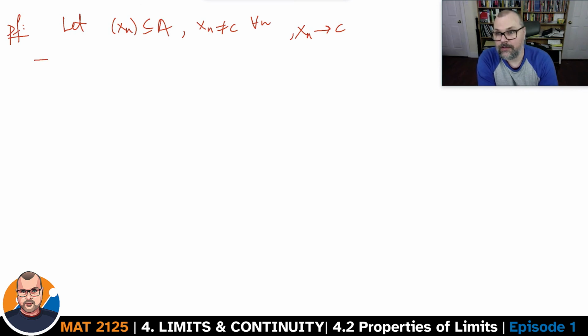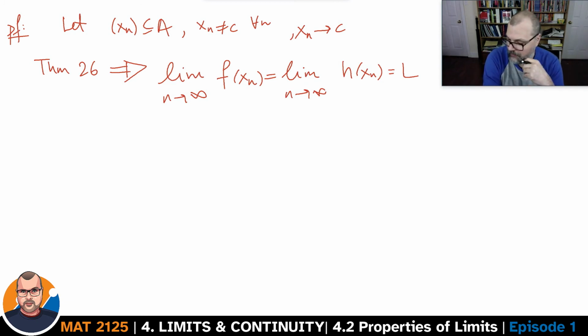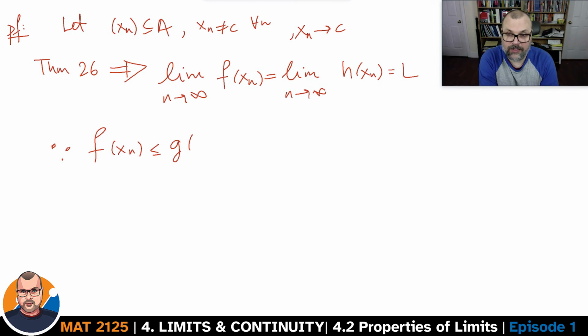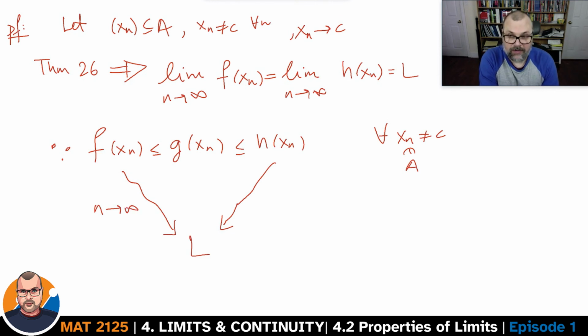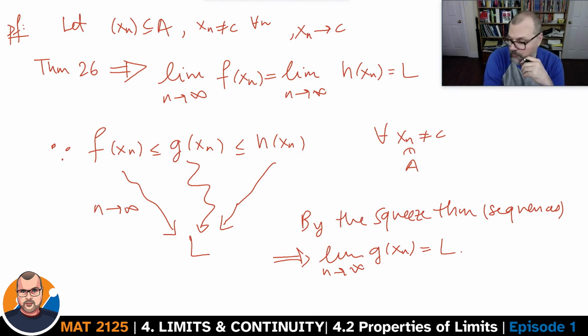According to Theorem 26, the limit of f at xn when n goes to infinity will be the same as the limit of h at xn when n goes to infinity, equal to L. Since f at xn is smaller than g at xn, smaller than h at xn for every xn not equal to c in A, and we know that when n goes to infinity f at xn and h at xn both go to L, then by the squeeze theorem, and now I should really specify that it's the squeeze theorem for sequences, the limit when n goes to infinity of g at xn is also equal to L.